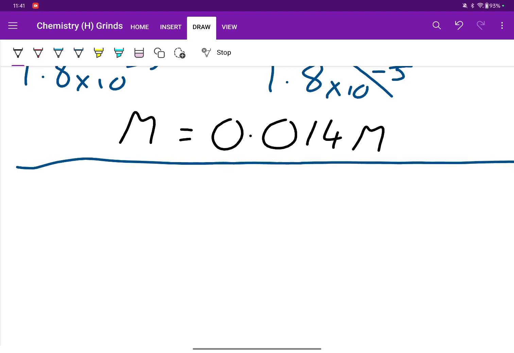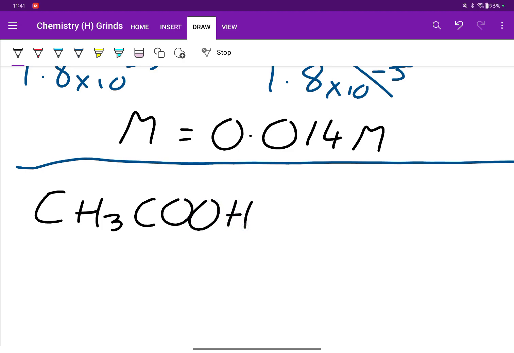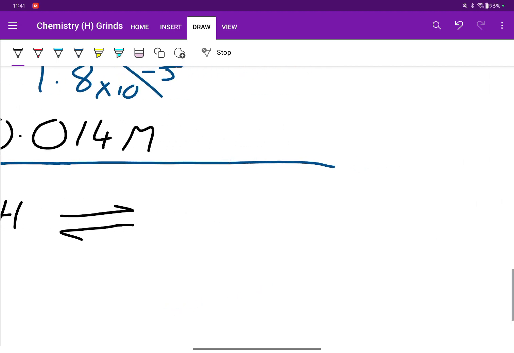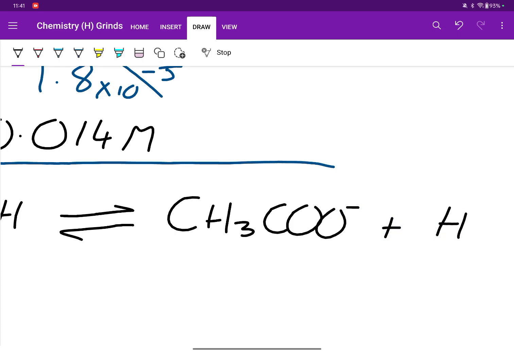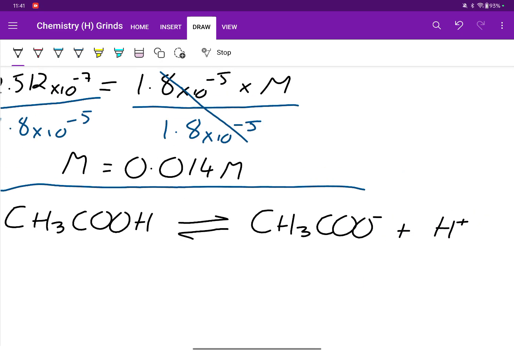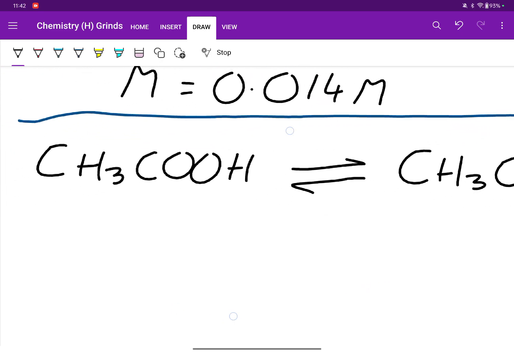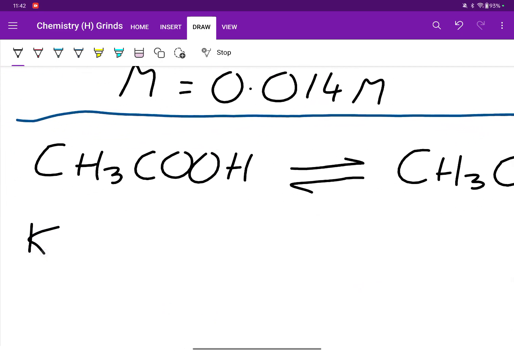And to do this, you're going to write a dissociation equation. So we're dealing with ethanoic acid, CH3COOH. And that dissociates into ions, so that is going to be CH3COO minus plus H plus. That's how it dissociates. And what we can then do is write a Ka equation.